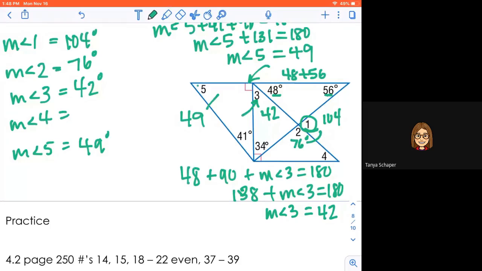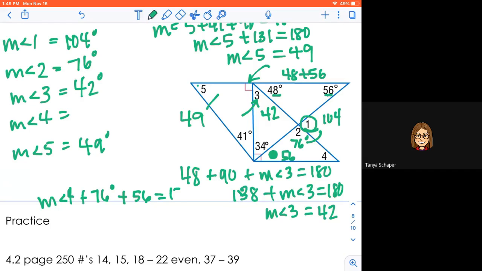Okay. And then I'm looking at number 4. With number 4, the measurement of angle 4 is equal to 76 degrees. Ooh, I need to figure out what this measurement is right there. So 90 minus 34 is going to give me 56 degrees. So plus 56, let's change this to a plus, equals 180.